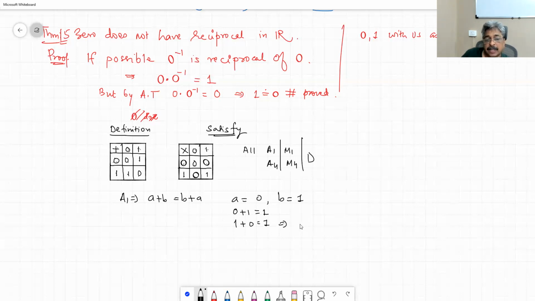This implies 0 plus 1 is equal to 1 plus 0 as per the new definition. Hence, A1 is satisfied.